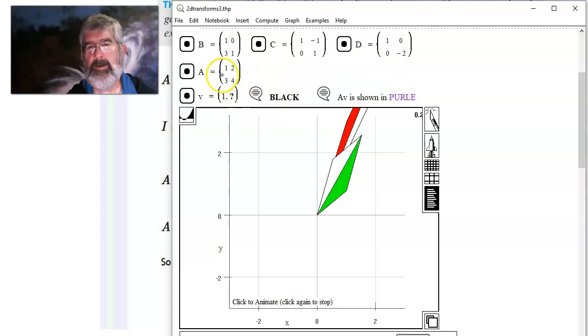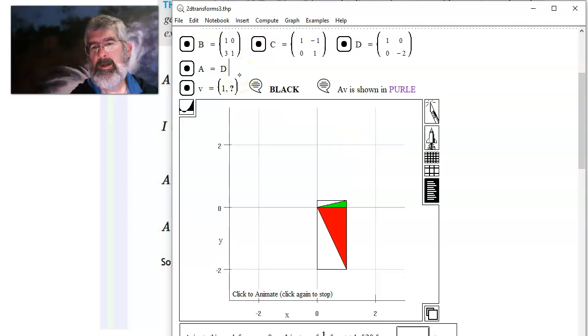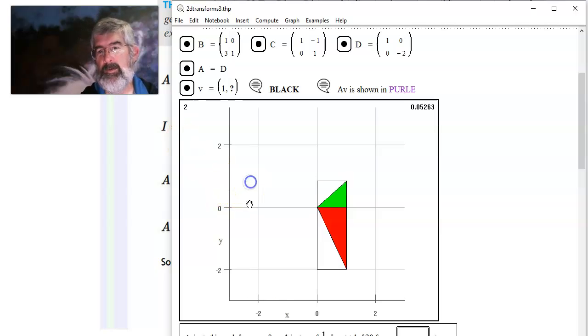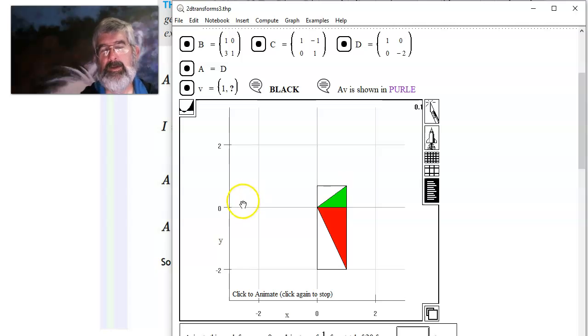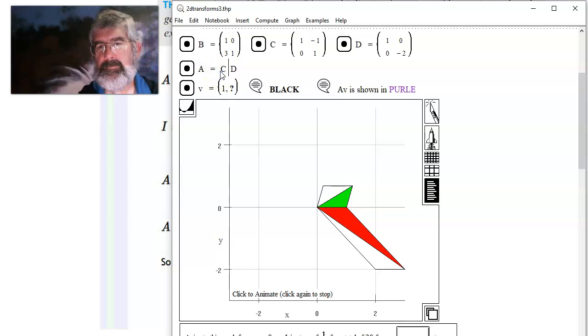So let's do D first. So let's take this, put a D in there. So there's the expansion in the y direction by a factor of negative 2. So, right, the unit square gets pushed down to there. I'm then going to shear in the direction of x with a factor of minus 1. So there's the C. So out in front of the D here, I want to say times C.